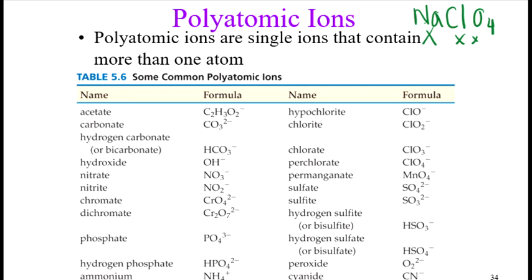Right now, please memorize this table. This table is in your textbook. You may have this table in your handout. You need to memorize polyatomic ions when we are going to work with polyatomic ionic compounds. If you don't memorize it, you cannot get the correct answer.